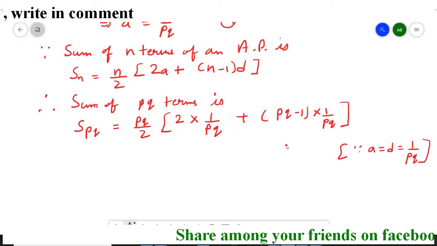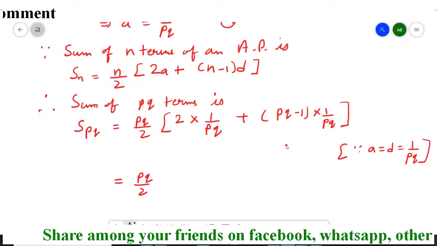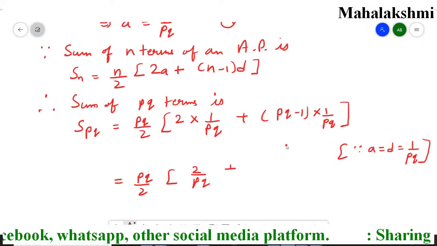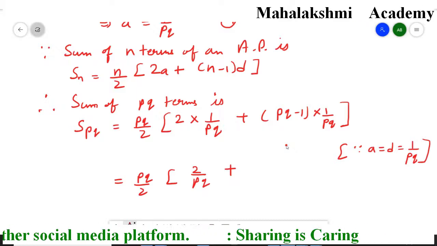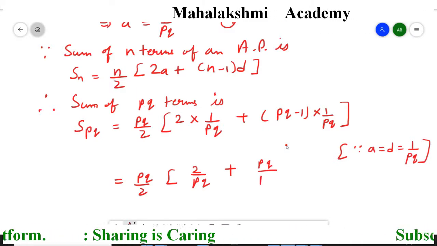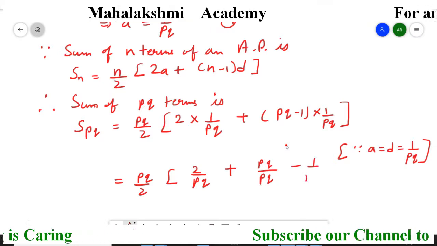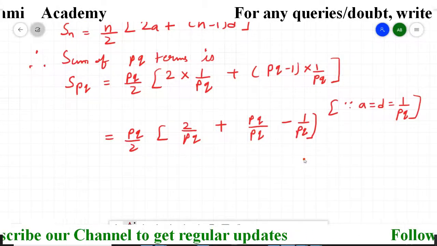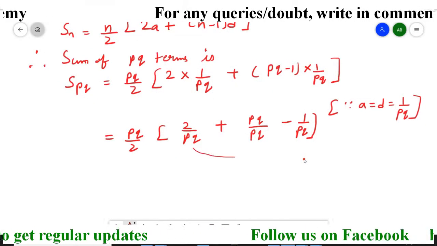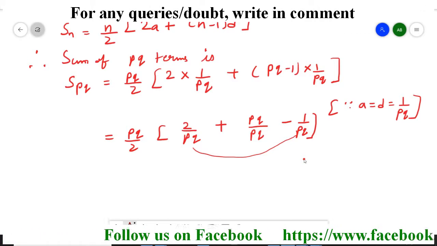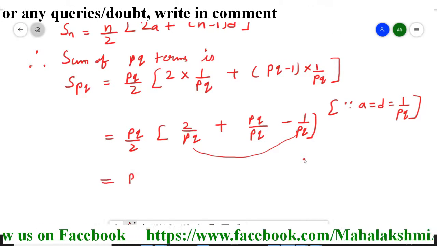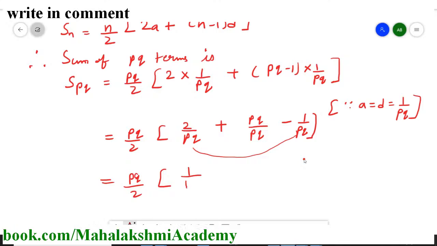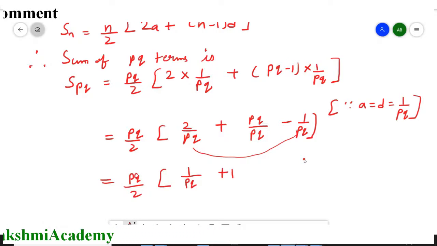Now we'll solve it. So we get pq upon 2, then 2 upon pq plus, we'll open the small bracket, so we get pq upon pq minus 1 upon pq, big bracket close. Now you can see that these two terms we can subtract, and here pq and pq will get cut. So next we get pq upon 2, big bracket 1 upon pq plus 1. Why did it happen so?